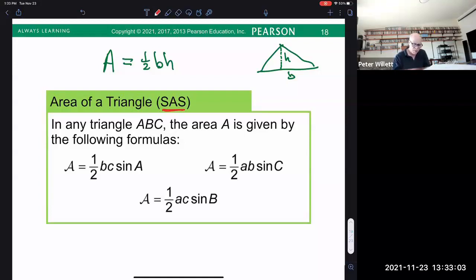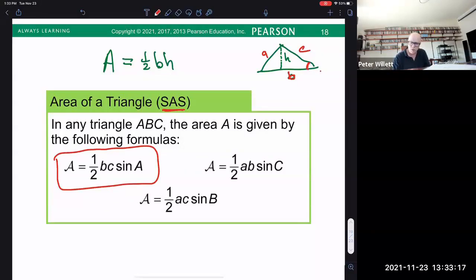In this first example, the two sides we know are B and C. If you know B and C, then the angle between them will be angle A. And if you take the product of B and C and the sine of angle A and multiply by 1/2, kind of like this formula here, that's the area of the triangle.